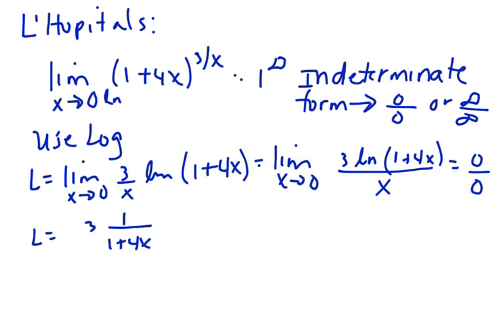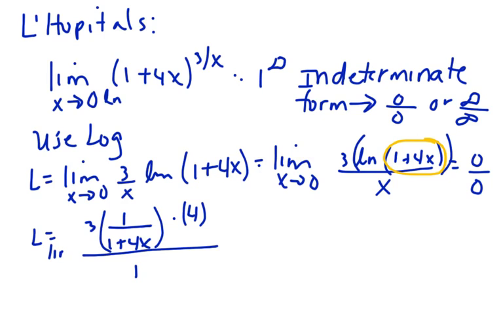We're taking the derivative of this now, times the derivative of the stuff. You got to use the chain rule, right? Which is the derivative of the inside function, which is actually 4. So the derivative of the numerator is 12 over 4x. The derivative of the denominator is just 1.